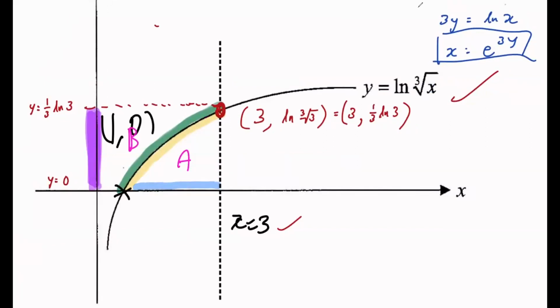And I also label a region B here. Yes. Ln 3, yes. So from there, if you want to solve for A, you just have to find B first, then minus. So now B, how to find?